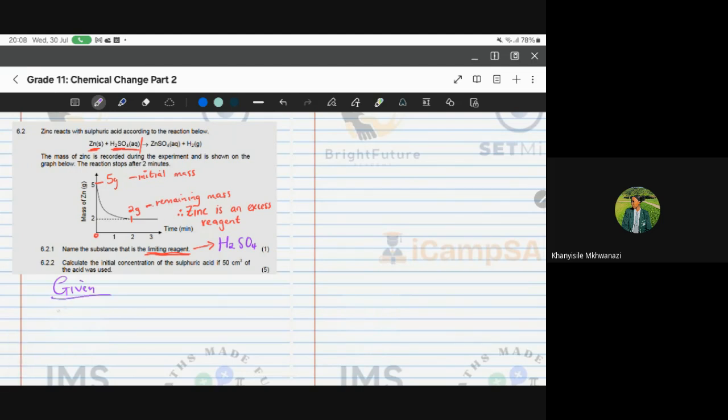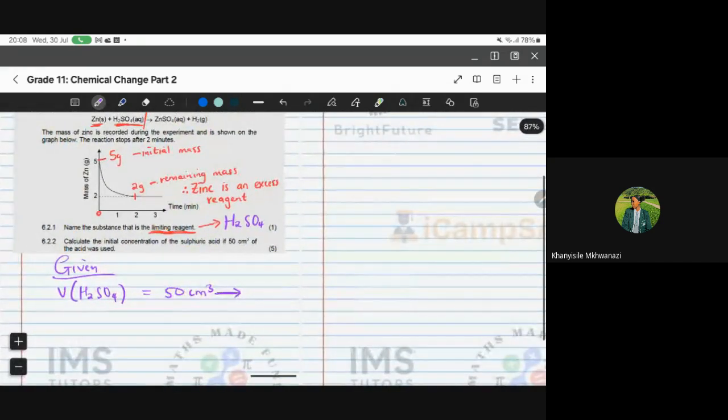We have volume of H2SO4 being 50 cm3. Remember what we said about converting? We can never use it in this form. So let's convert it. Unless you're taking ratios of volumes, you can actually use it in that form because the unit will cancel.